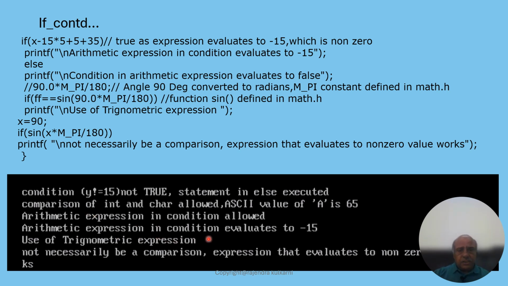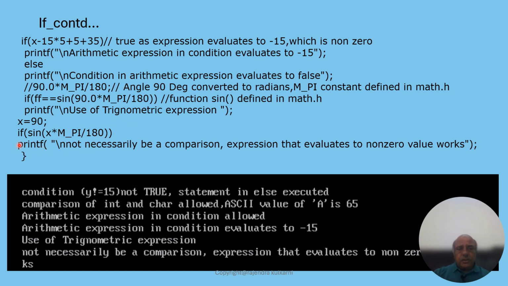The arithmetic expression condition evaluates to minus 15, which is a non-zero value, so this if executes. Use of trigonometric expression we have tried, the condition for if turns out to be true, and "use of trigonometric expression" is the output.